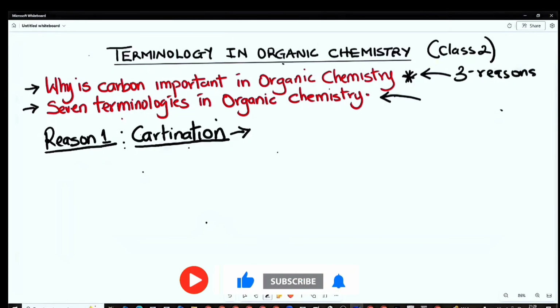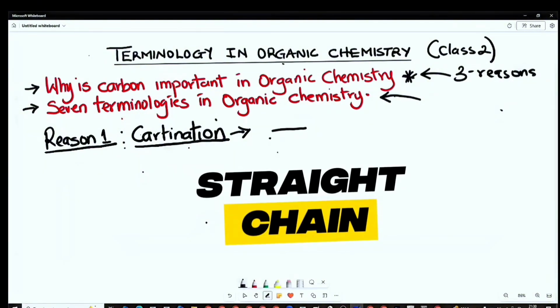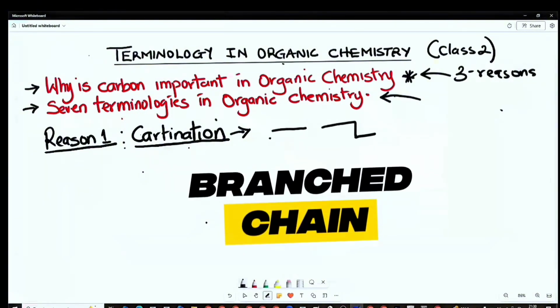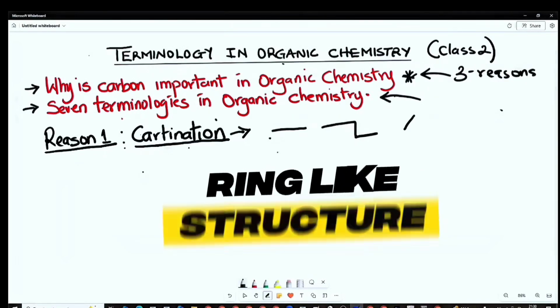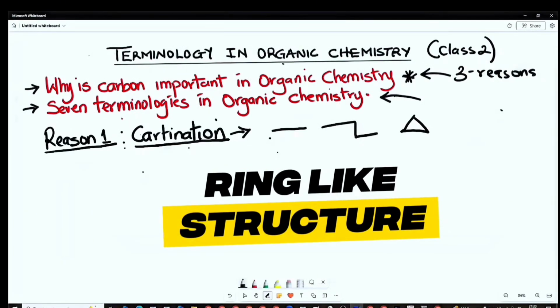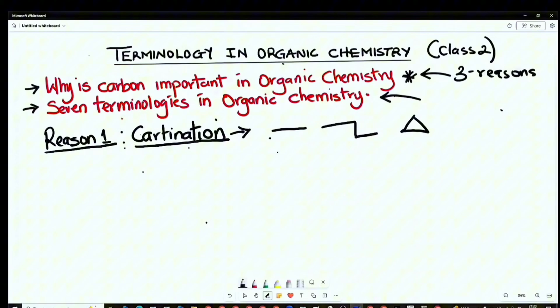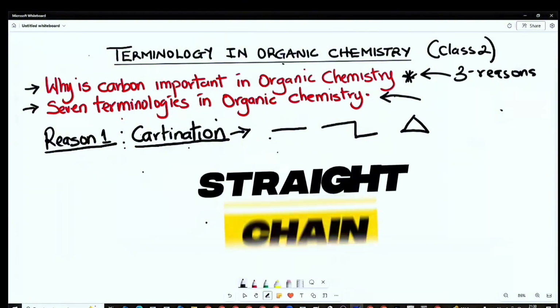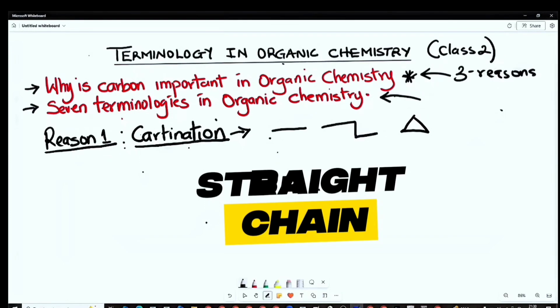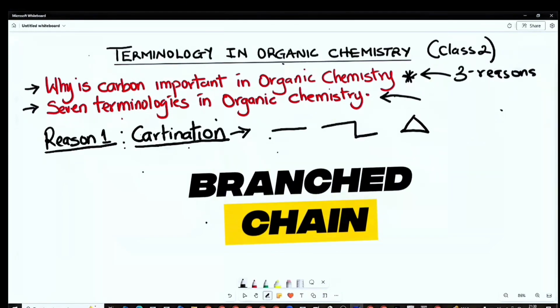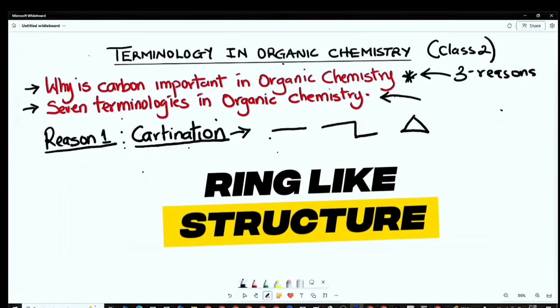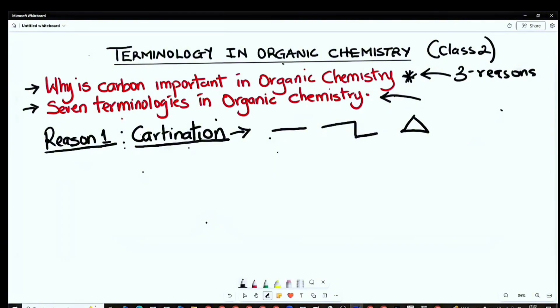Catenation is the ability of a carbon atom to form either straight chain, bent chain or curved chain, or ring-like structure. These are one of the reasons why carbon is very important.